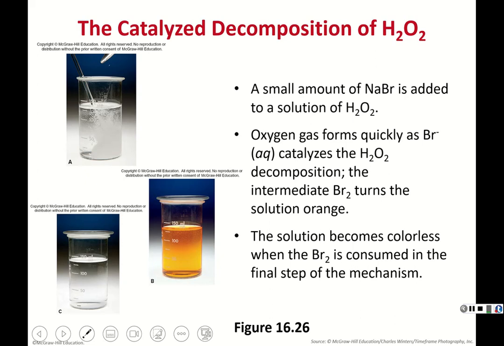The intermediate formed, Br2, turns the solution orange, but the solution again becomes colorless because the Br2 is going to be consumed in the final step of the mechanism. So the bromide ions are acting like a catalyst, speeding up that decomposition of H2O2.